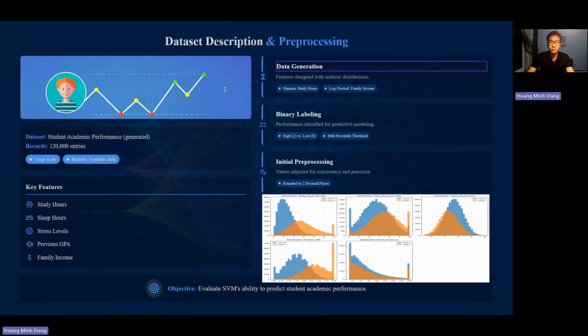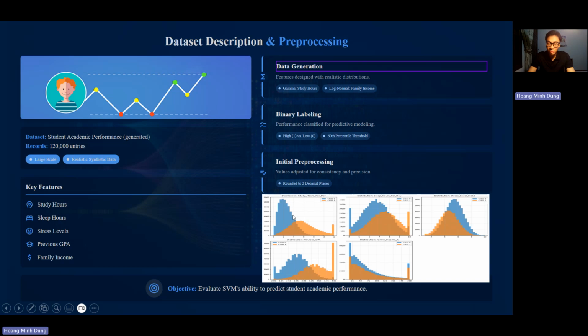About the target feature, the binary target variable, performance, is encoded to 1 and 0, specified as high and low, based on a 60 percentile threshold.